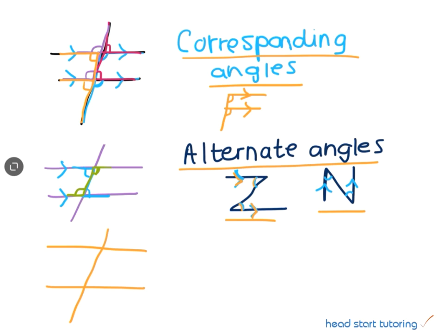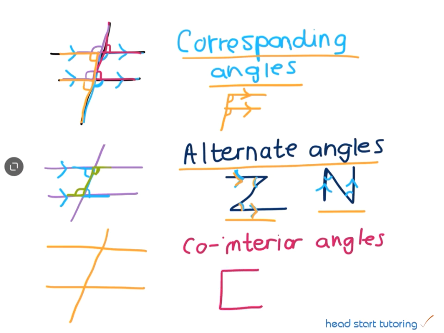Right, let's have a look at our co-interior angles. Our co-interior angles are angles that create a U or a C. So we've got a U or a C type shape.